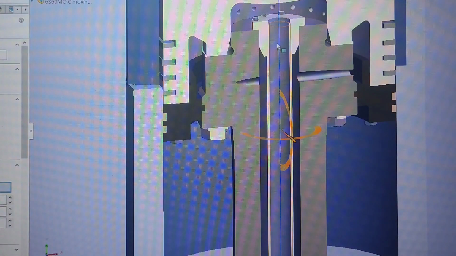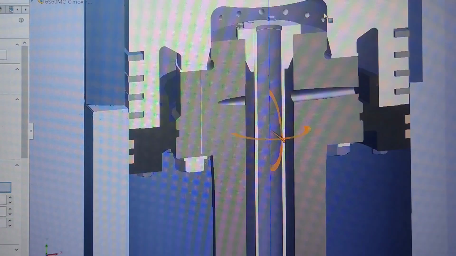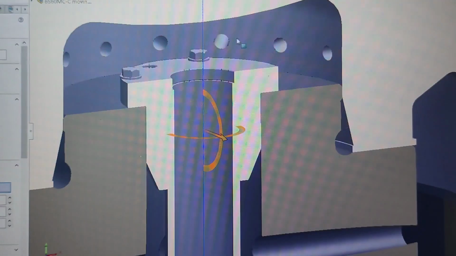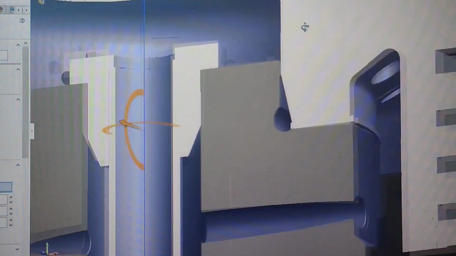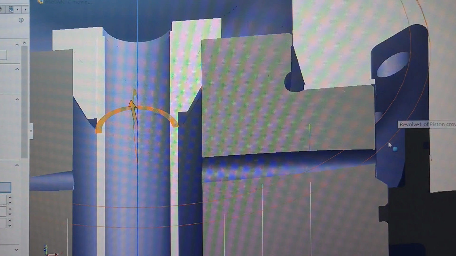Alright, the lubricant oil will be flowing to here, and through those holes, you see here, the holes on these surfaces, they will convey the oil into here and flow back into this space.